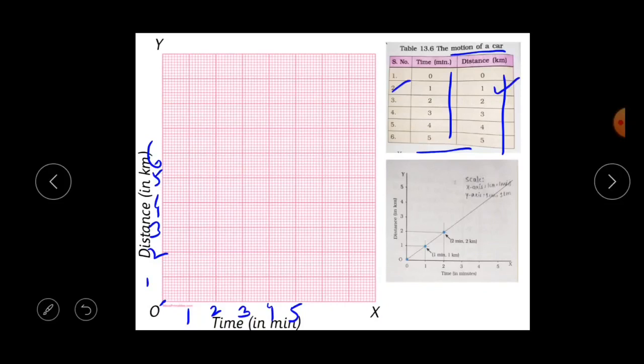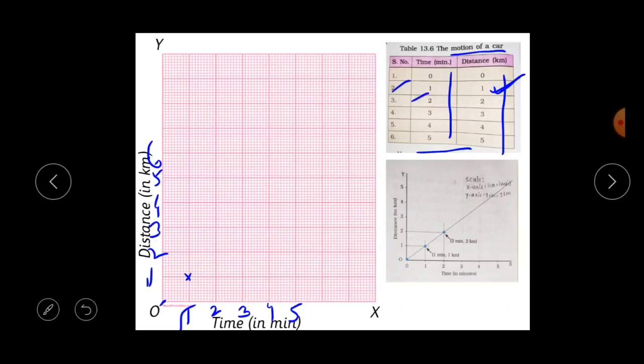So where is the 1 minute? Here is 1 minute, and it travels a distance of 1 kilometer. So where is 1 kilometer? Here is 1. This is distance, this is time, this is kilometer, isn't it? So we'll draw one dot here like this.